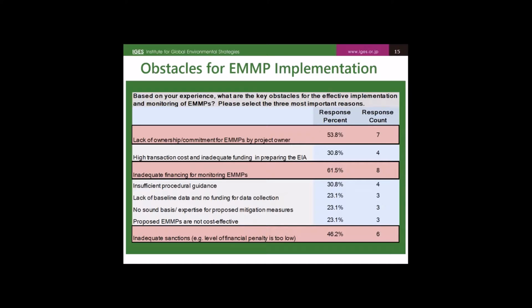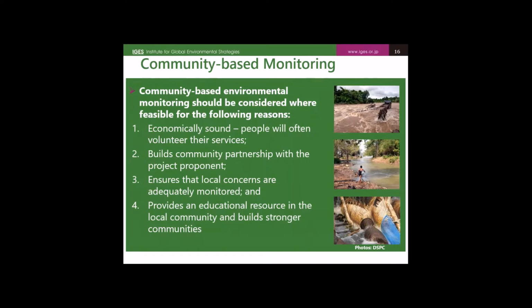Community-based monitoring should be considered where feasible for a number of reasons, which include the fact that it's economically sound and people will quite often volunteer their services to do this. It's important to build the community partnership with the project proponent and to make the community feel part of the project rather than seeing it as an external intervention.